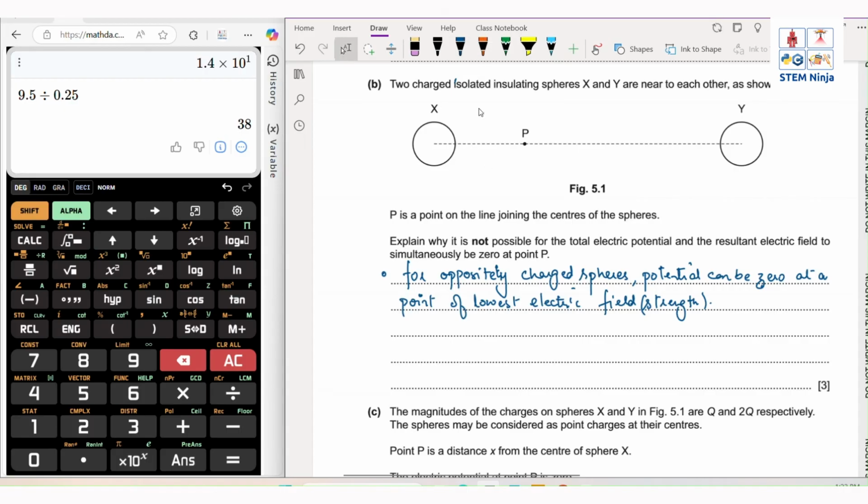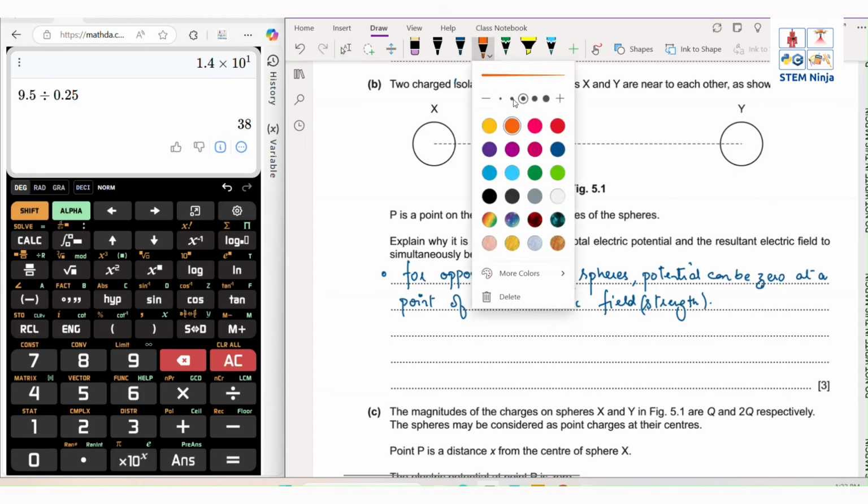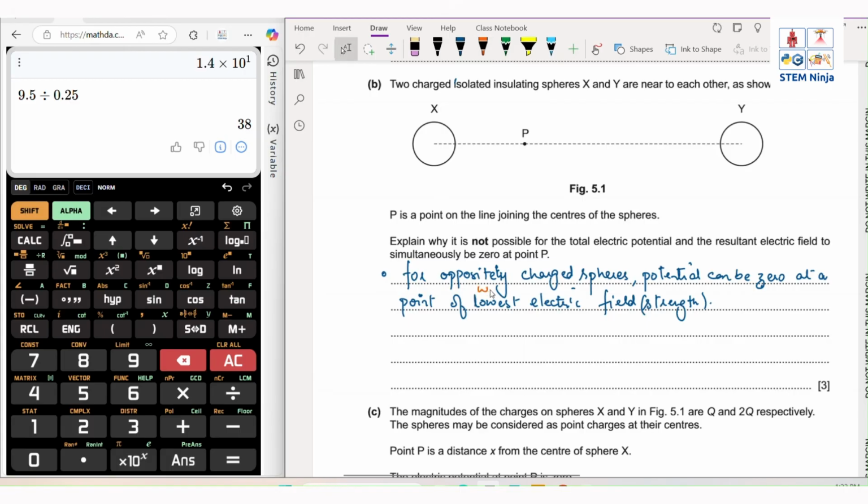Okay, so over here you could also write at a point of weakest electric field.